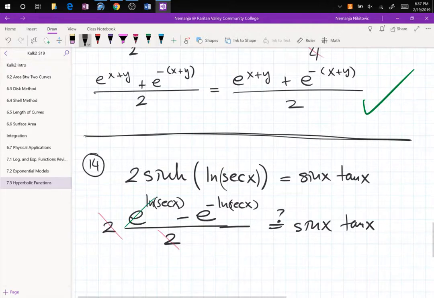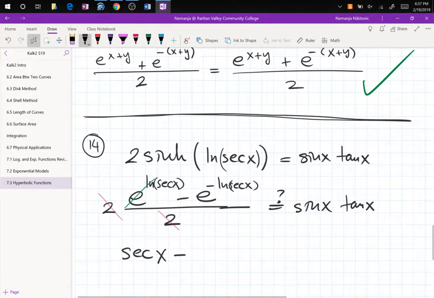Yeah, they are. So what do I got here? I got secant x minus. Now, this negative will go inside the ln, as a negative 1 power on secant. So that becomes a cosine. So cosine x.